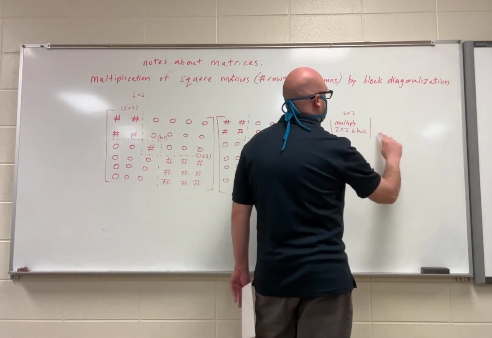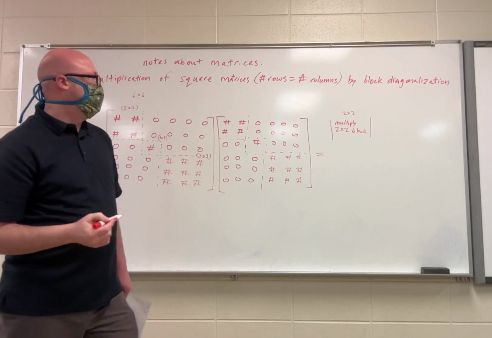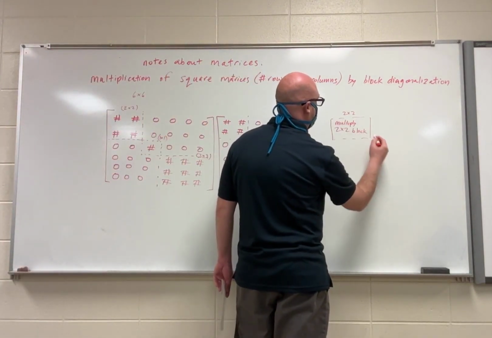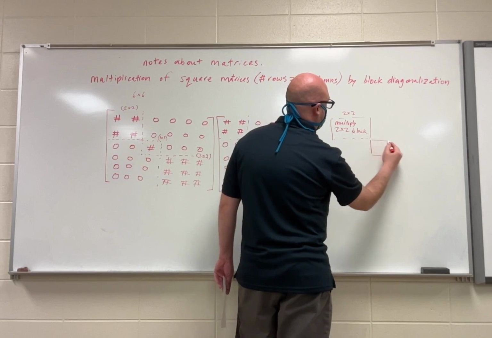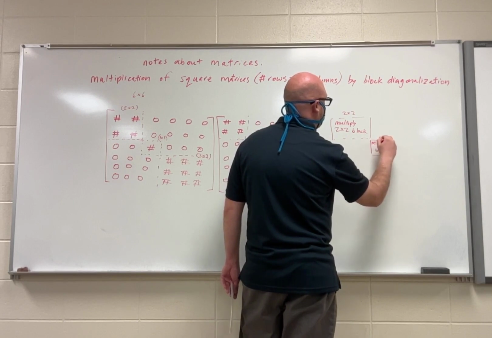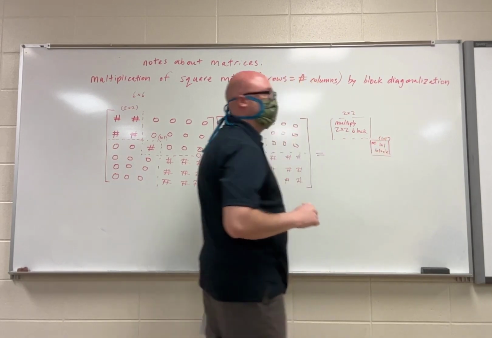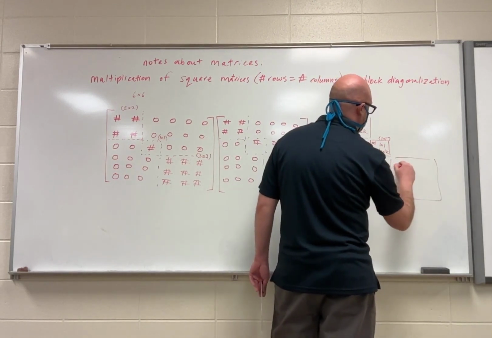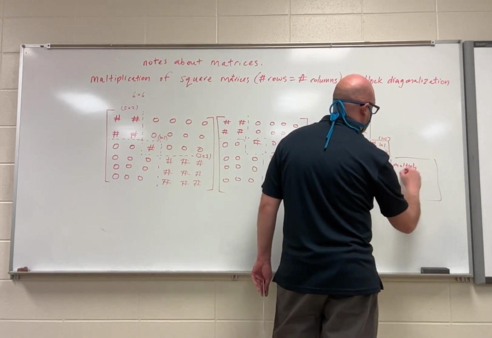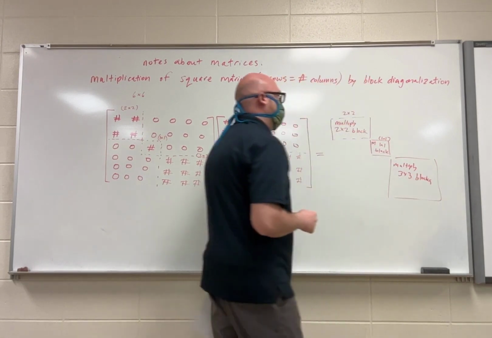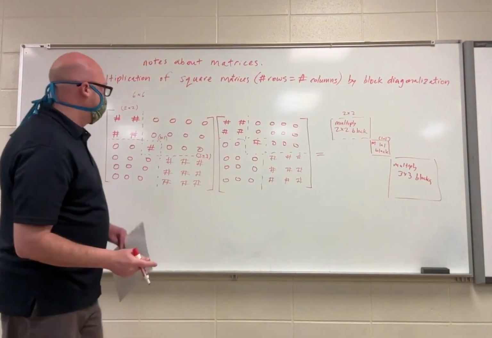The other elements are going to be 0 outside of these blocks along the diagonal. You multiply the 1 by 1 to generate another 1 by 1 matrix in the middle, and so on. Here's the 3 by 3. To generate another 3 by 3 matrix.